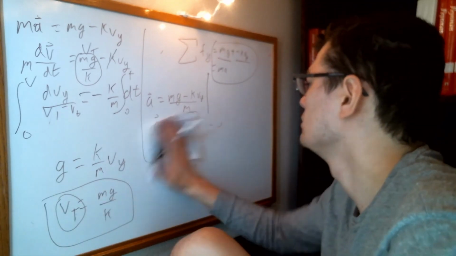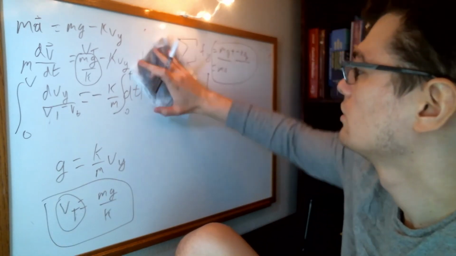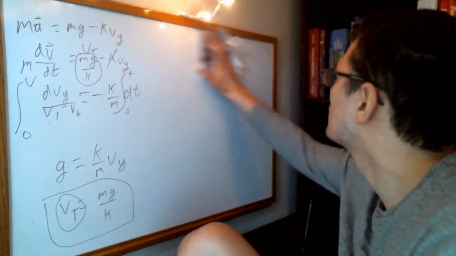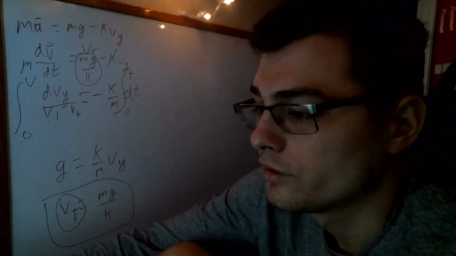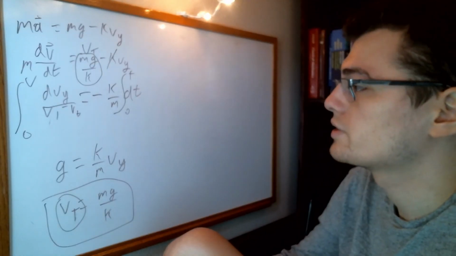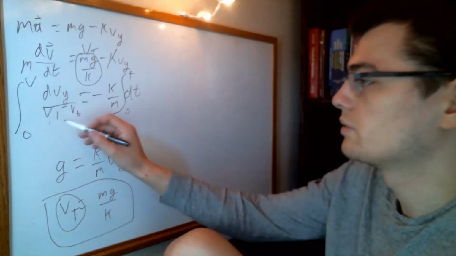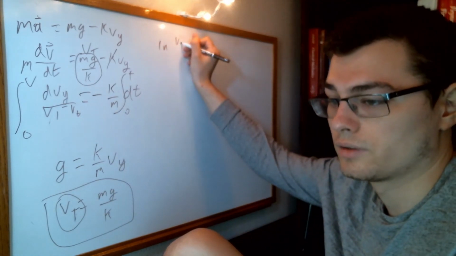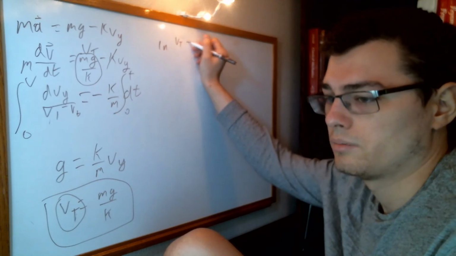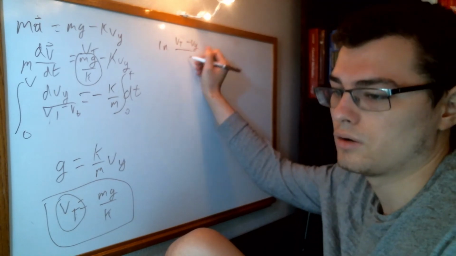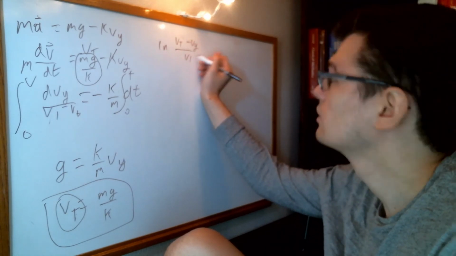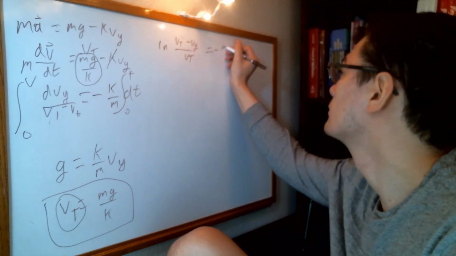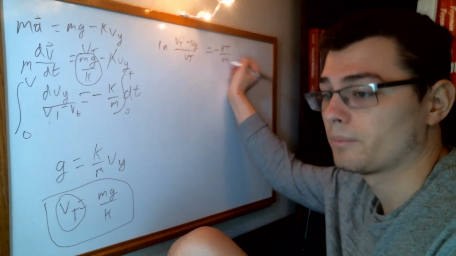So now, moving forward, we can just integrate this, and this side is going to be the ln of (vt minus vy) over vt. And this is going to equal negative kt over m.